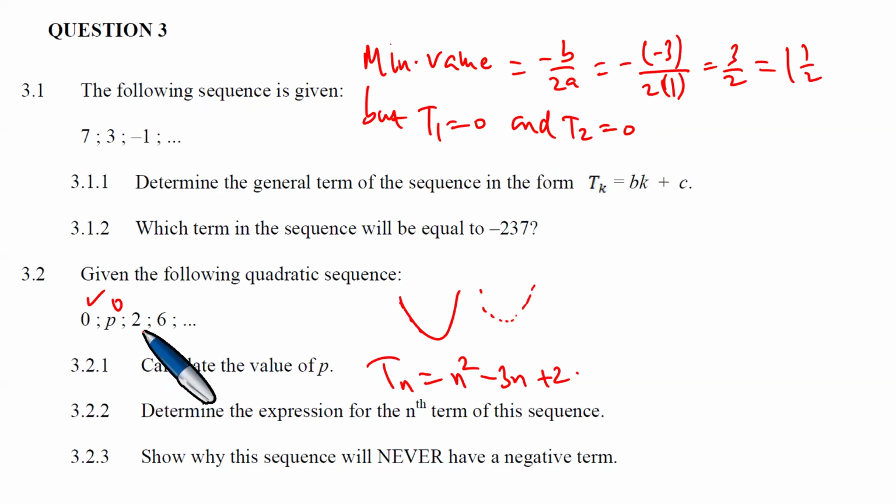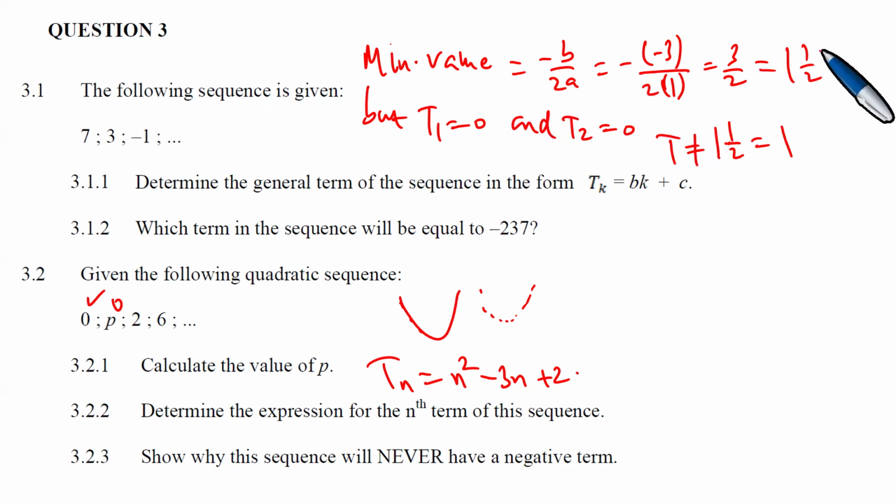So there is no term that is going to have the position of 1.5, because 1.5 is the minimum value here.